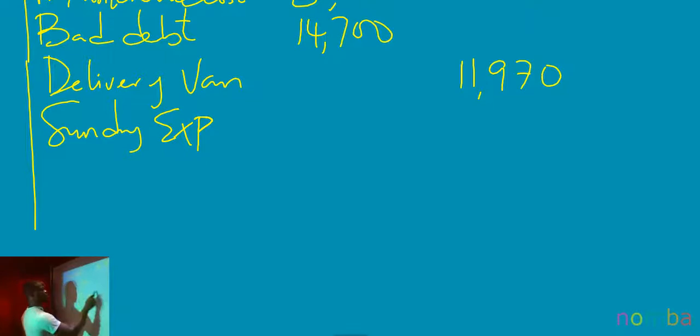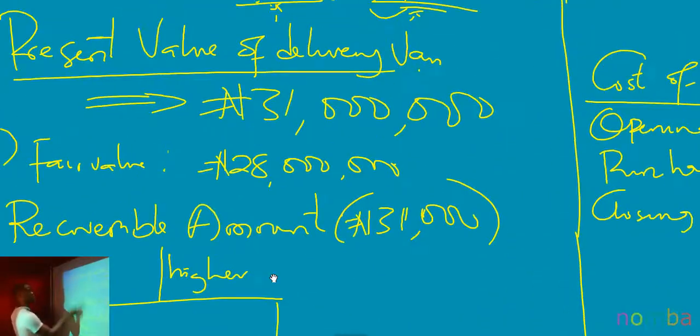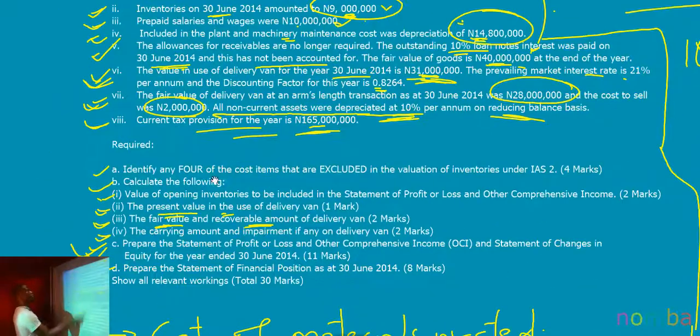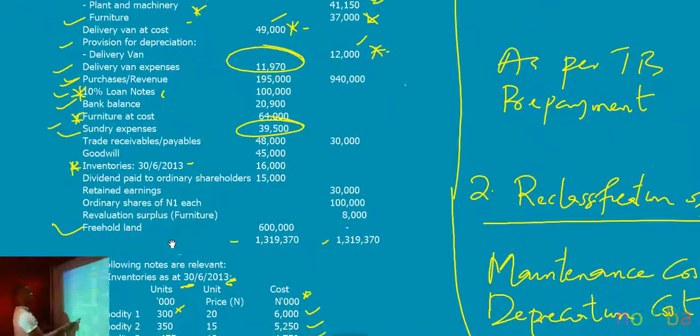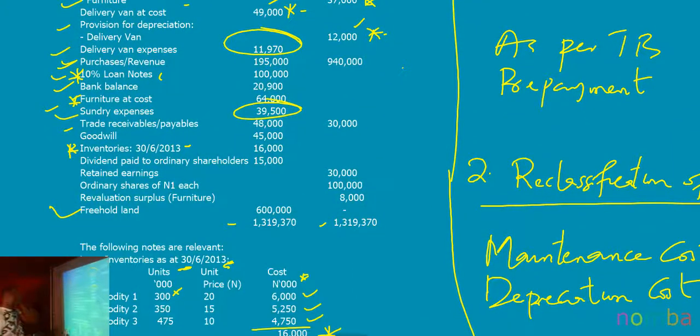Should recognize it under administrative expenses. Then, after sundry expenses, the next item I have here is trade receivables. Then we have goodwill, inventory, dividend paid, retained earnings, ordinary shares, revaluation surplus, and land.